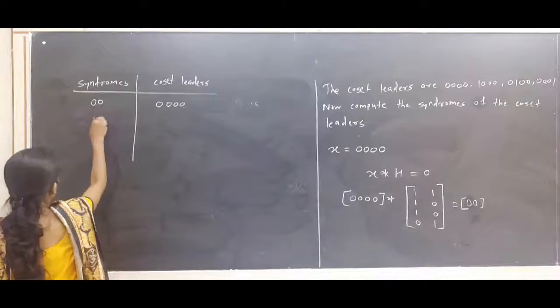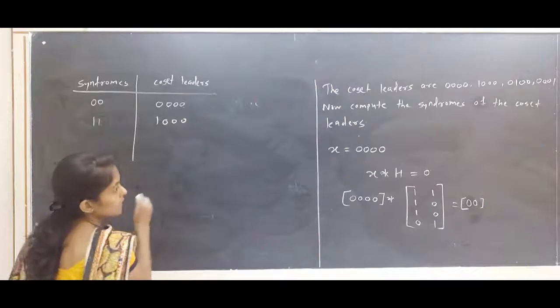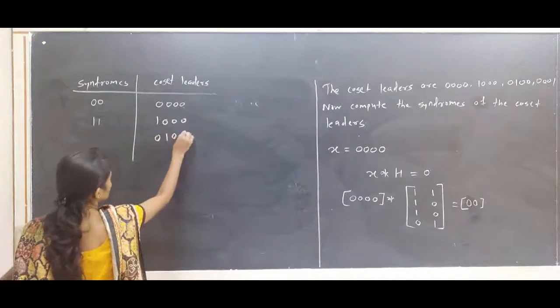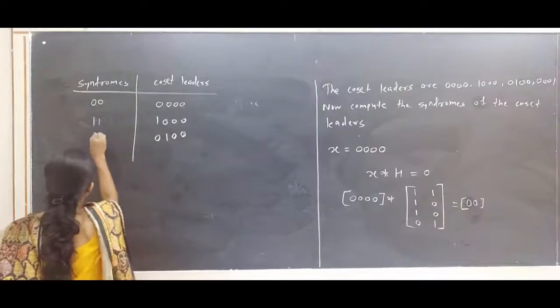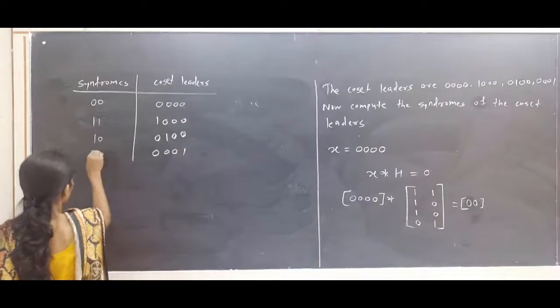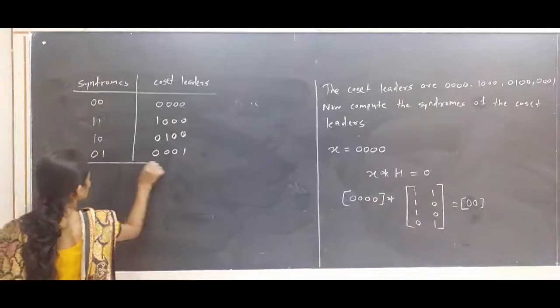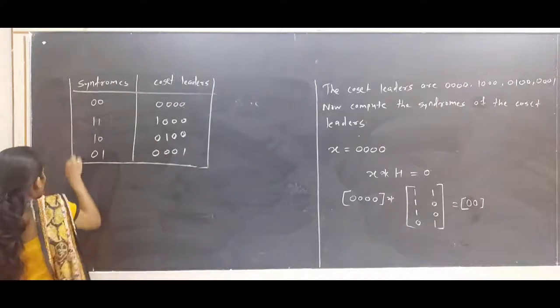Now the next coset leader is 0 1 0 0. For this we get the syndrome 1 0, and the last one is 0 0 0 1. We get here 0 1. So these are the syndromes of the coset leaders.